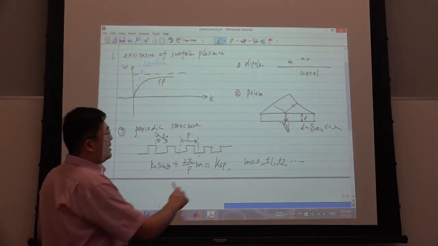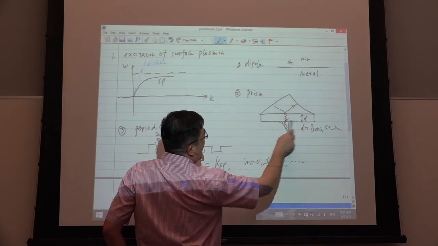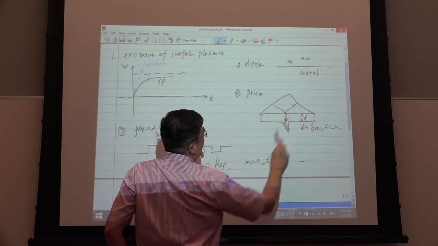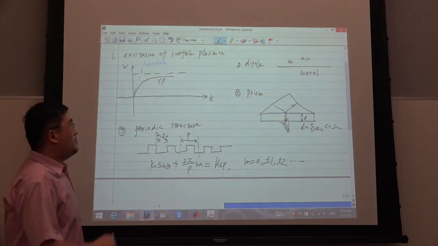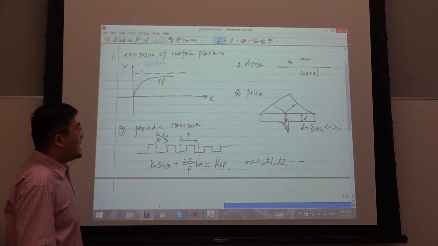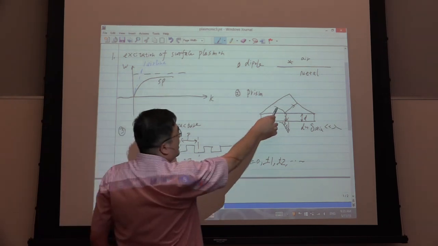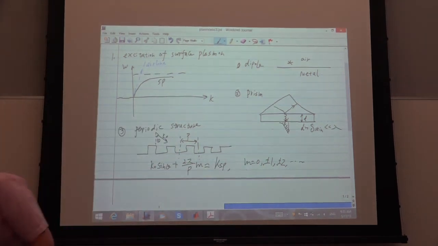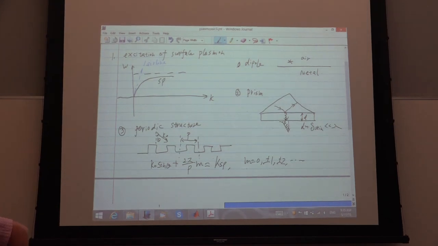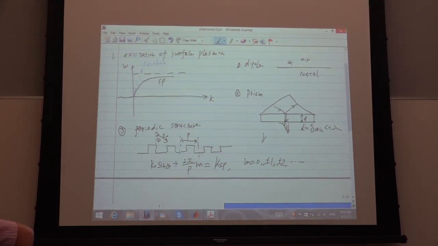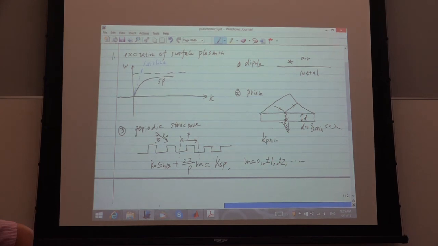As I said, because of the surface plasmon at the air-metal interface, the tangential wave number or propagation constant should be larger than k0. It is possible to achieve this with the prism. Okay, the prism k times sin theta, with theta here, can equal k_SP.